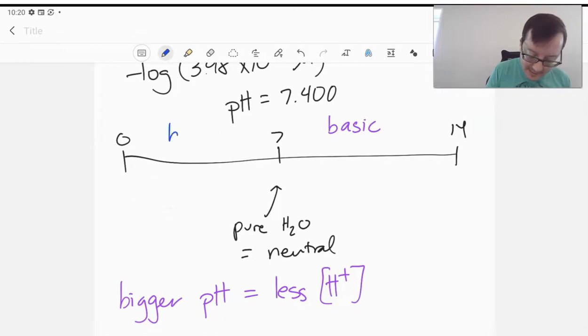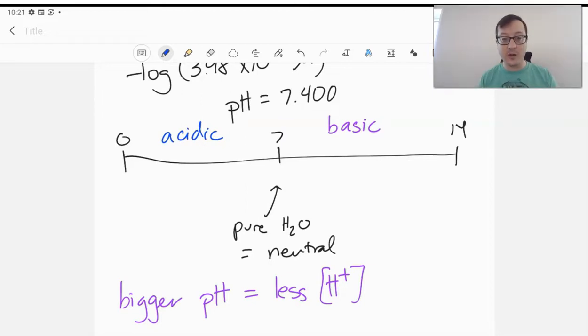And we're going to see that anything between 0 and 7 we will call acidic, therefore. So lower pHs, lower than neutral, we call acidic. So anything less than 7. This blood, as we see 7.4, will show up right here. Blood is slightly basic.